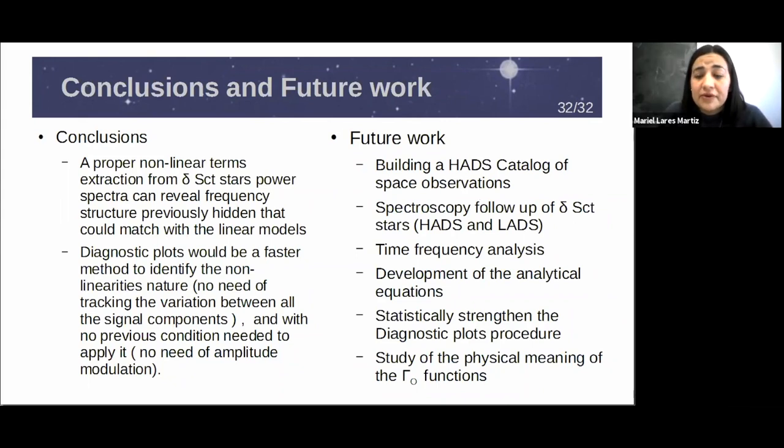Spectroscopic and time-frequency analysis could also help to identify the nonlinearities, and obviously the study of the physical meaning of these gamma functions, describing the physics and the nonlinear physics, will be very interesting to explore in future work.